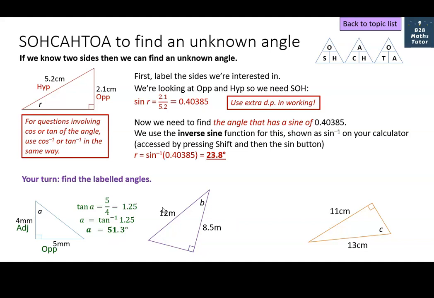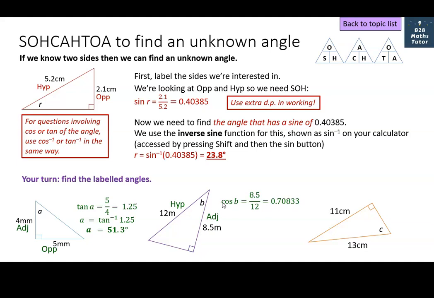Second one, the 12 is the hypotenuse, the 8.5 is the adjacent. Since we're dealing with adjacent and hypotenuse, it's the cos triangle. So cos of B is the adjacent, which is 8.5, over the hypotenuse, which is 12, and that gives you 0.70833.